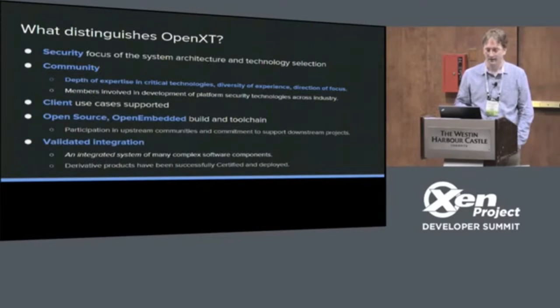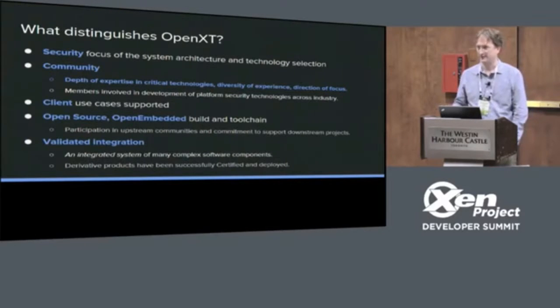We have representatives from a number of different very capable organizations. The people who are involved are experts in security critical technologies, and the direction of focus of the community is on architecture and security architecture for practical deployed systems.